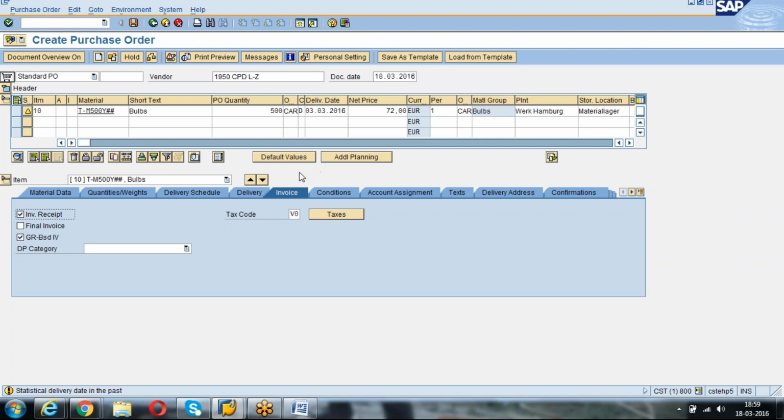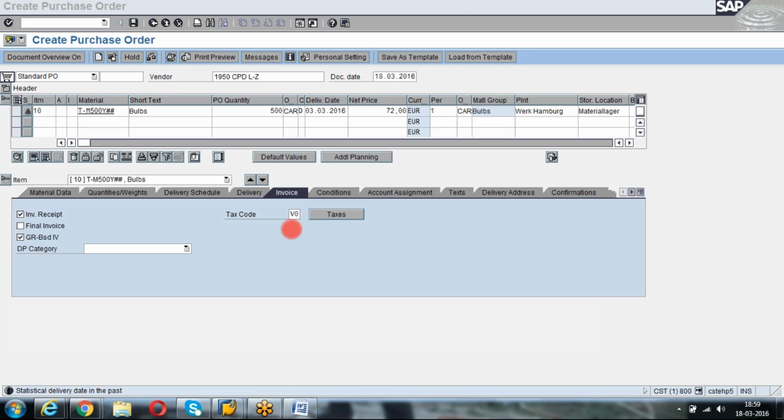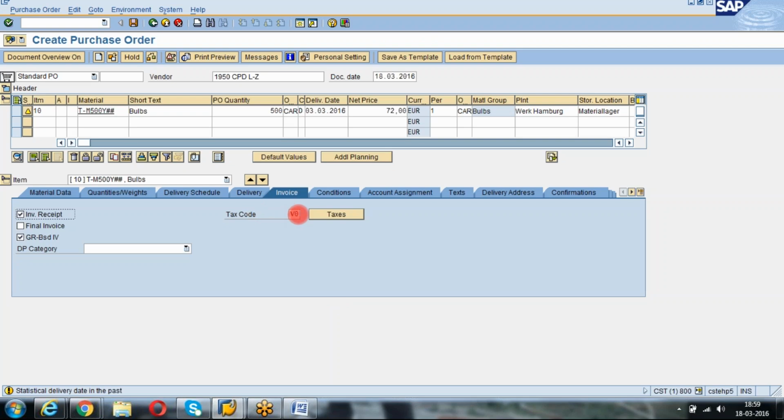Okay. Now coming to the PO screen. Here you can see details like tax code and GR based invoice verification.